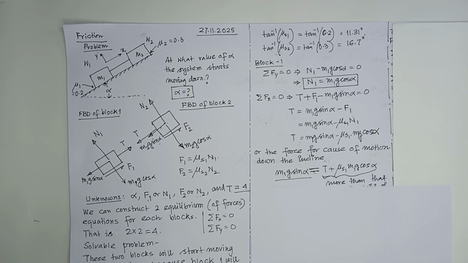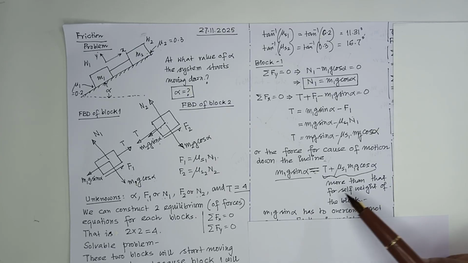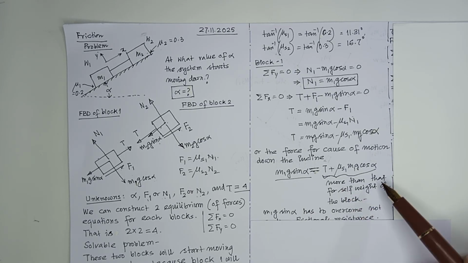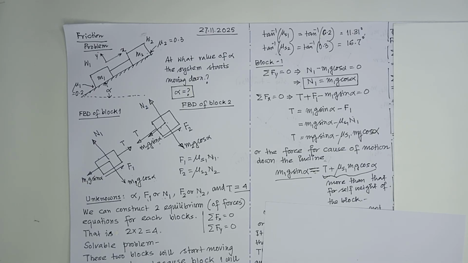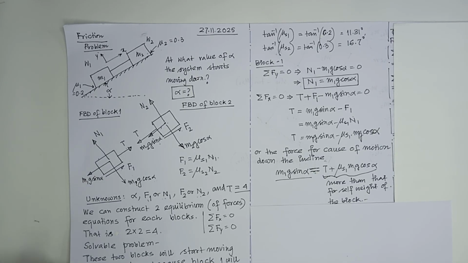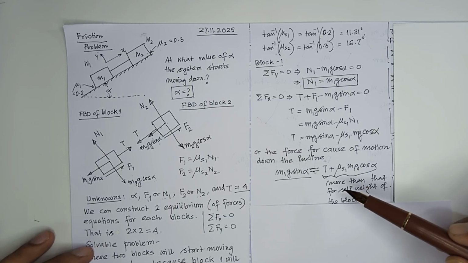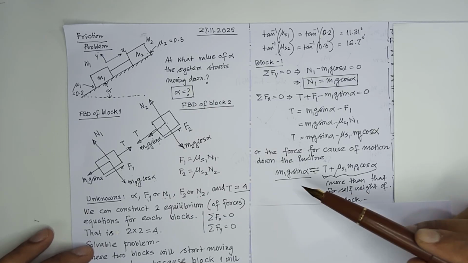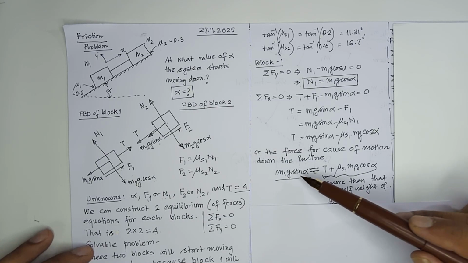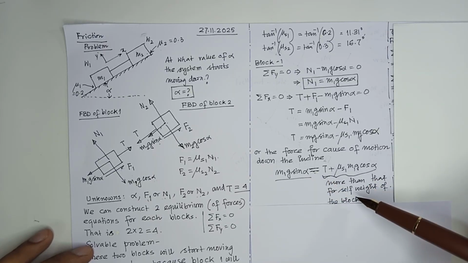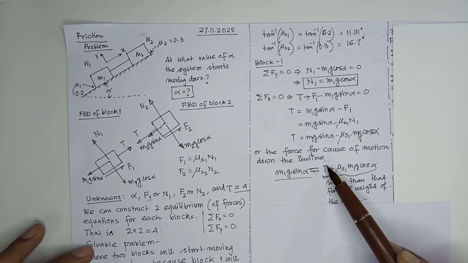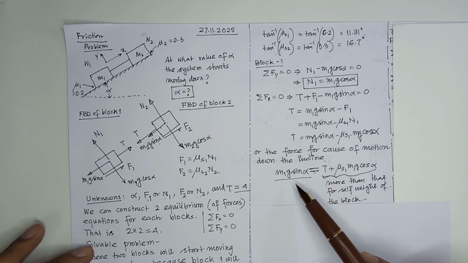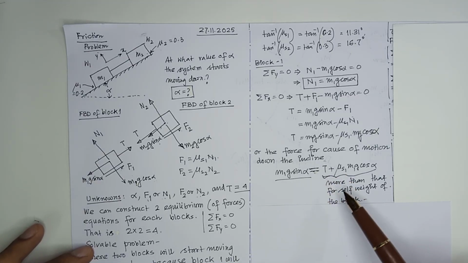Therefore, that is more than that for the self weight of the block. For the self weight of the block, the cause for motion is m1g sin alpha, but there tension was not there.